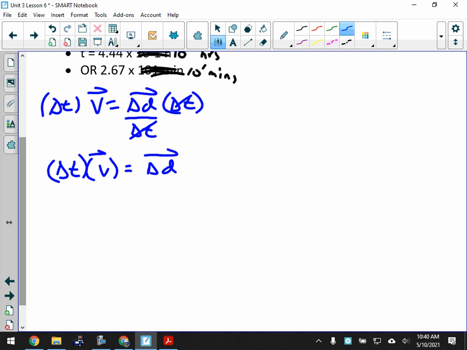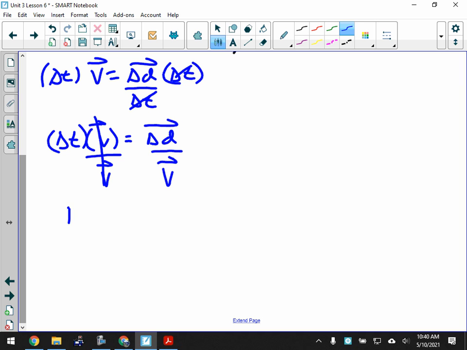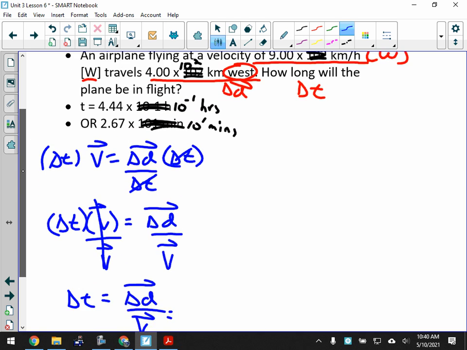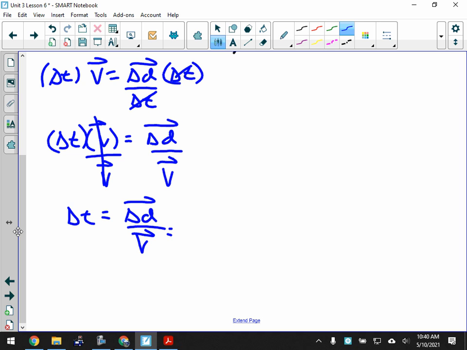Now, if I want to get the time by itself, because I want to solve for time, I need to divide by v and divide by v, and that'll cancel that. So delta t should be the displacement over the velocity. And the displacement we said was what? 400 kilometers west.